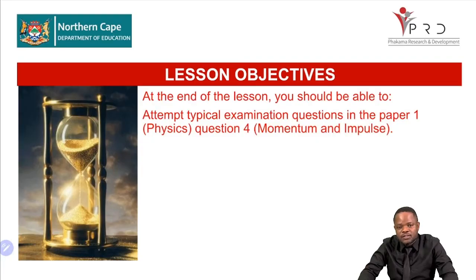At the end of the lesson, you should be able to attempt typical examination questions in Paper 1 question 4. Take note that we are going to be attempting different examination questions so that you're able to see how these questions are set up or designed, so that you are able to tackle any kind of question pertaining to momentum and impulse.